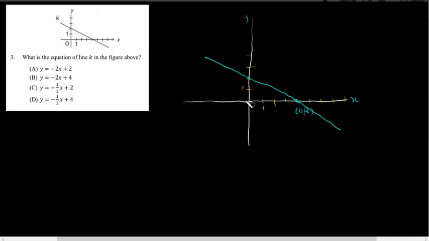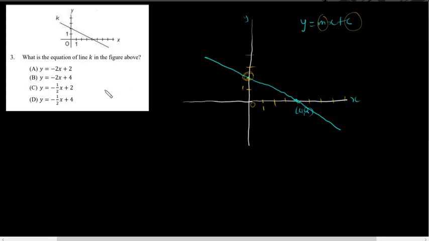Now what is the equation of line K in the figure above? First, let us talk about the equation of a line. It is y equals mx plus c, as we've said already, and we have said that m is the gradient and c is the y-intercept. So from the graph we can see that the line is intercepting the y-axis at this point, (0, 2), so it is intercepting it at the point where y is 2.